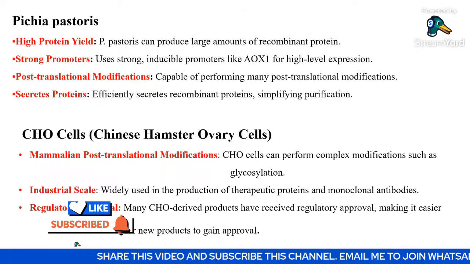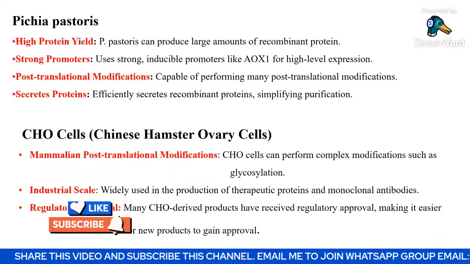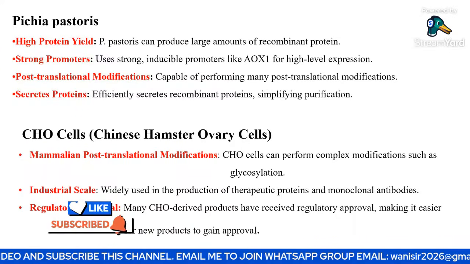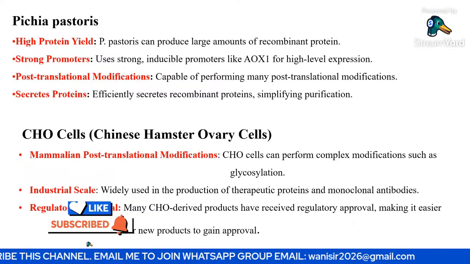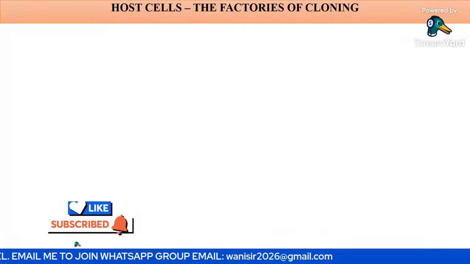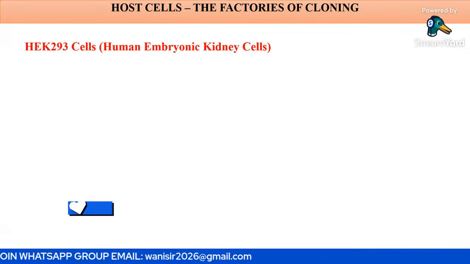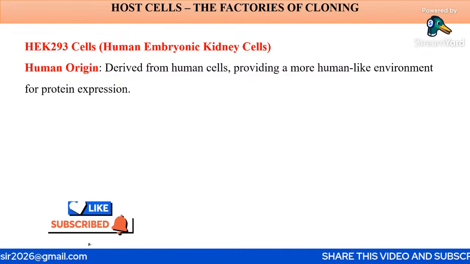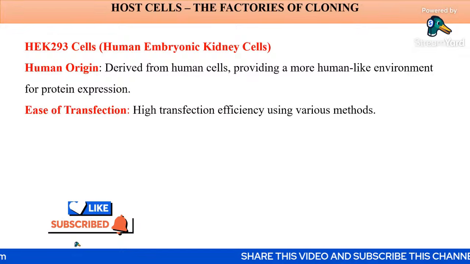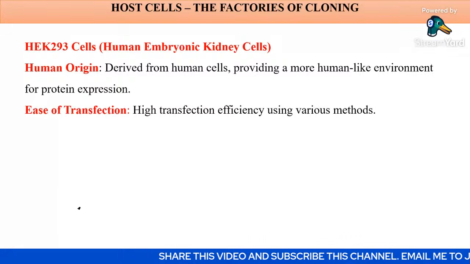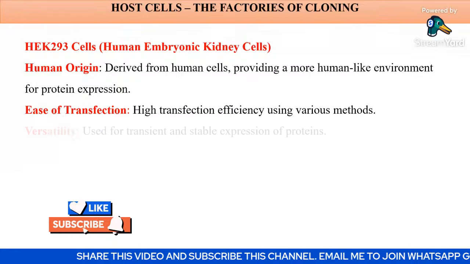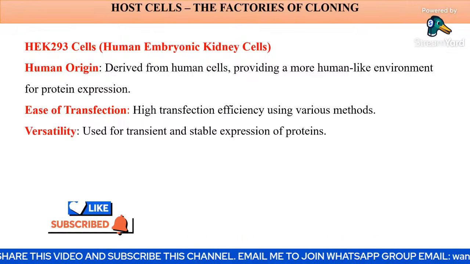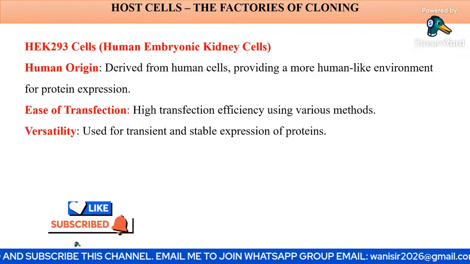Regarding regulatory approval, many CHO cell derived products have received regulatory approval, making it easier for new products to gain approval. Another is the human embryonic kidney cell, which is derived from human cells, providing a more human-like environment for protein expression, with high transfection efficacy using various methods, and used for transient and stable expression of proteins.